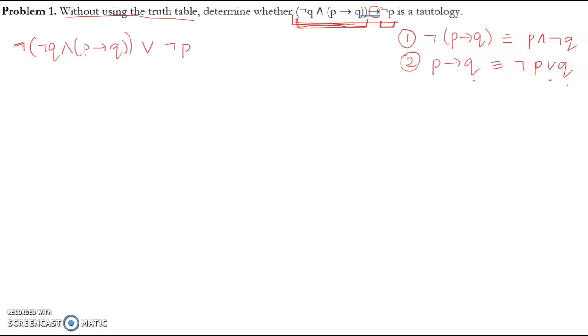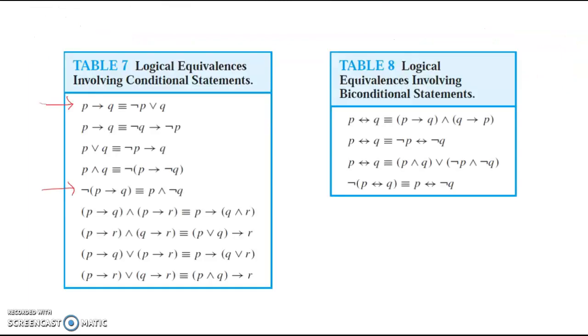For the next step, I notice that I have another if P then Q statement, so I can substitute this with not P or Q. I can also handle the negation.